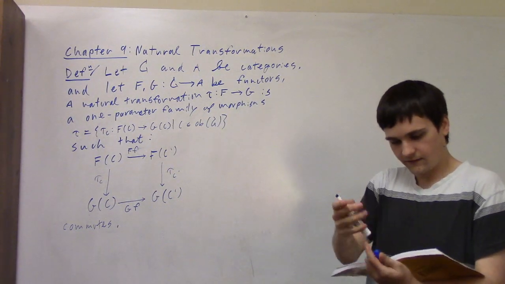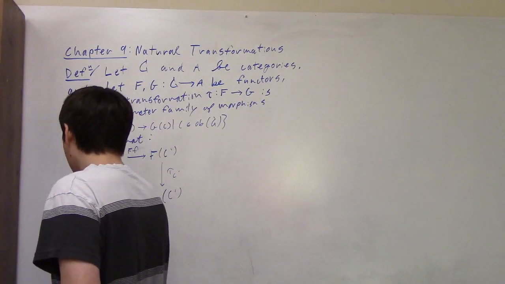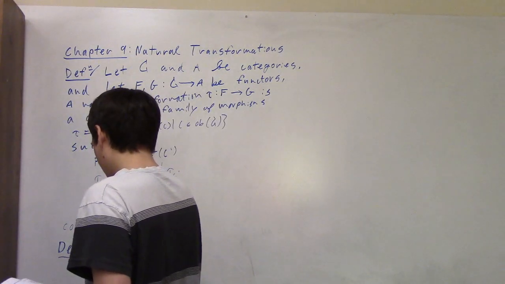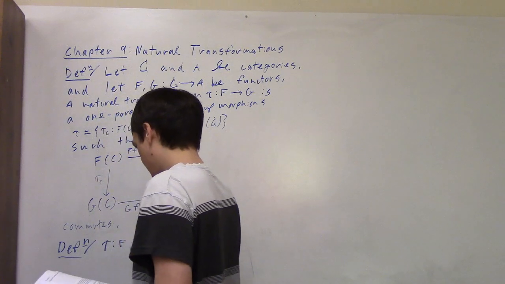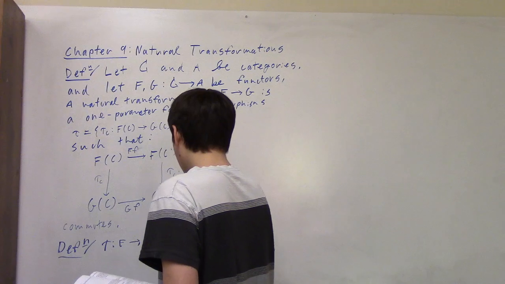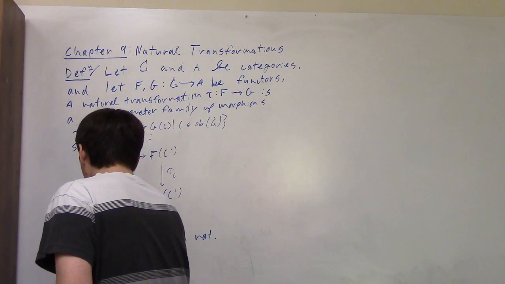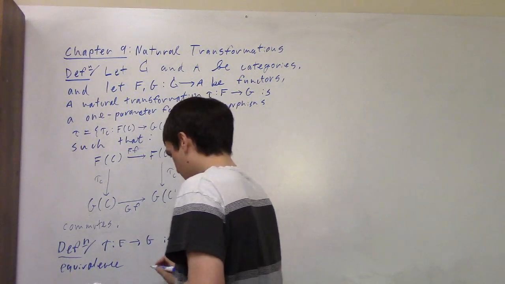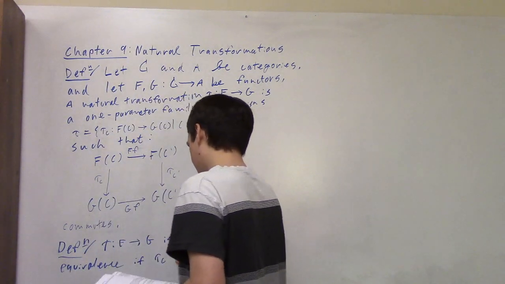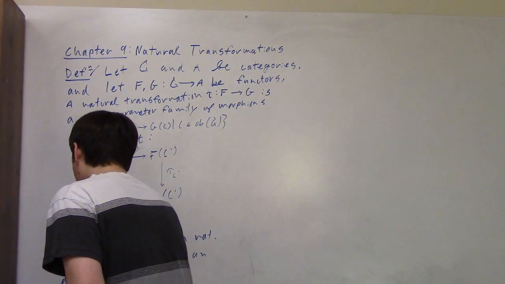So another definition: we say that a natural transformation tau from F to G is a natural equivalence if every tau sub C is an equivalence, aka an isomorphism.